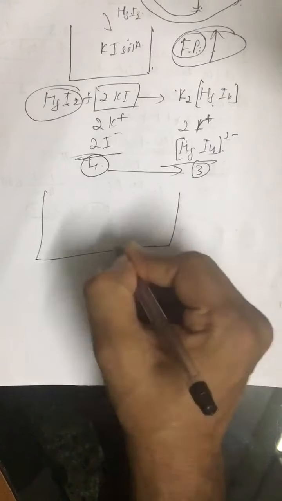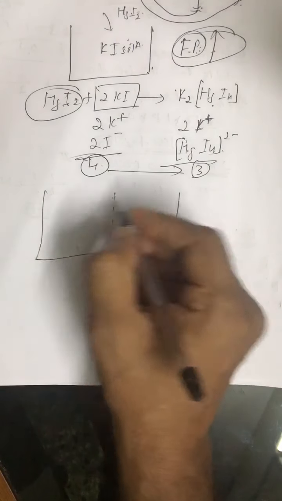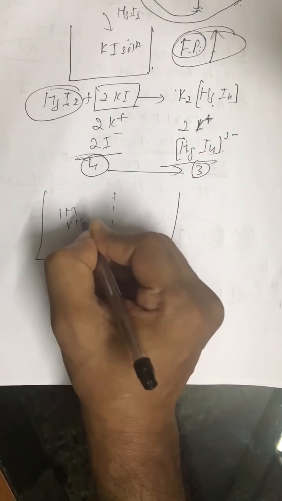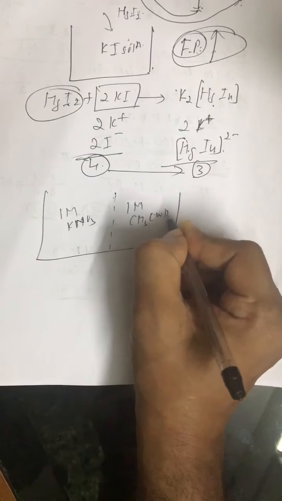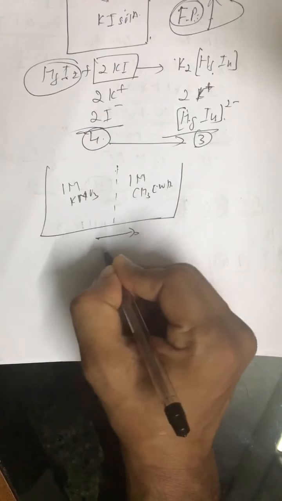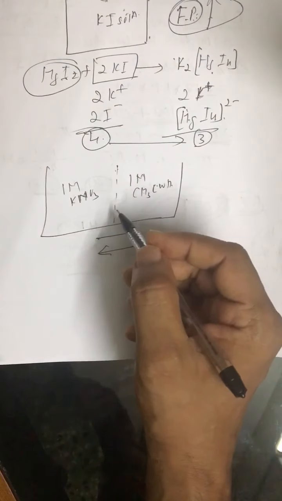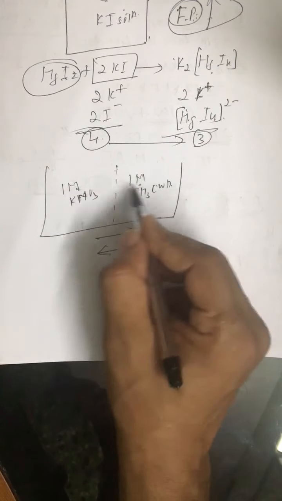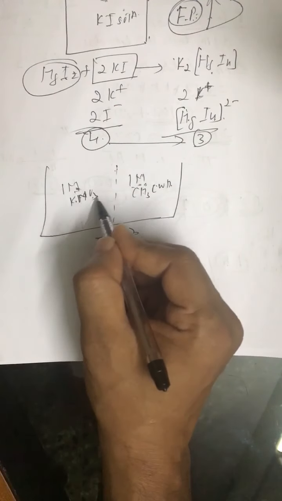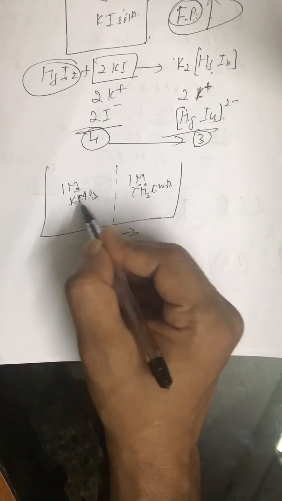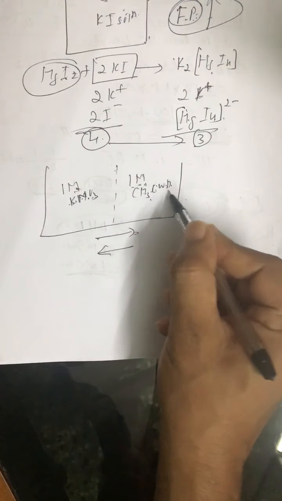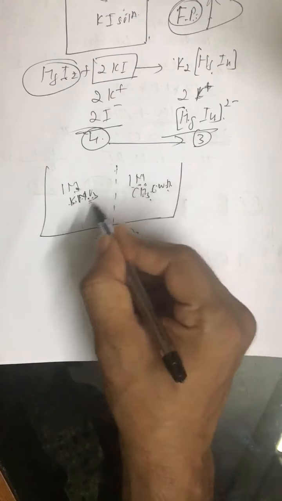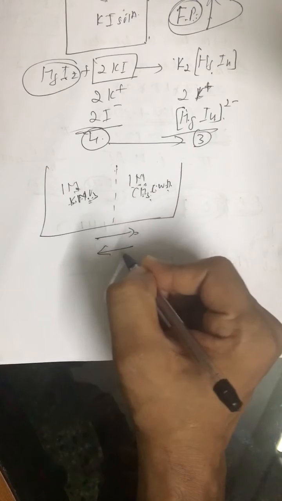Or we are given a semi-permeable membrane, with 1 molar KNO3 solution and 1 molar acetic acid solution. Will solvent particles move from left to right or from right to left? Normally students think they have the same concentration and produce the same number of particles, 1 K positive and 1 NO3 negative, similarly 1 acetate negative and 1 H positive, so no movement will occur.